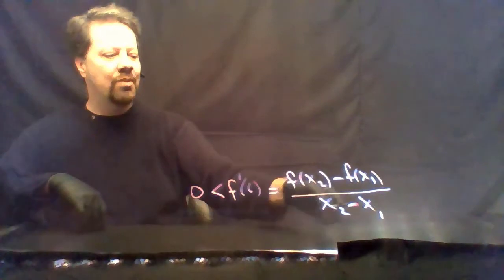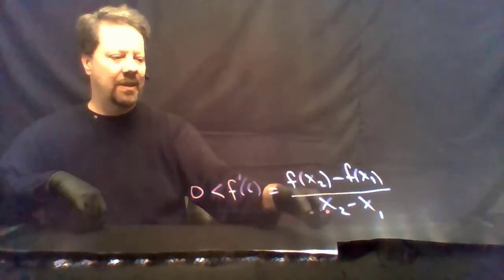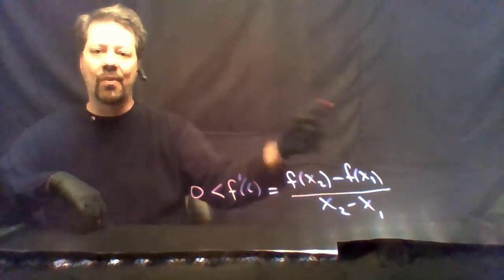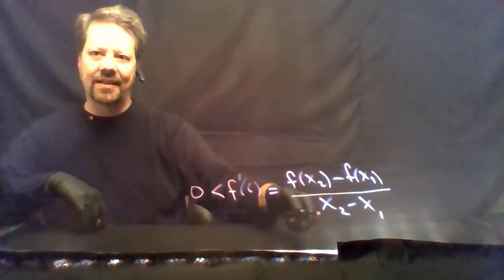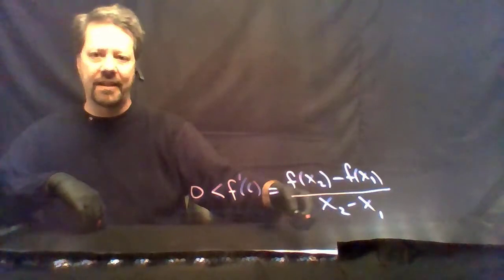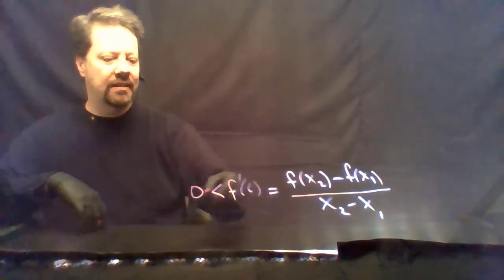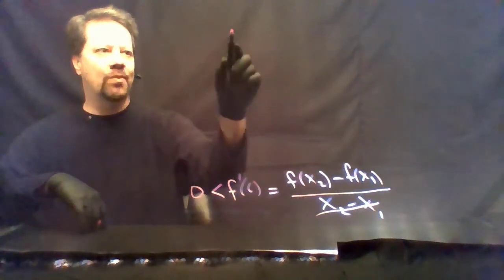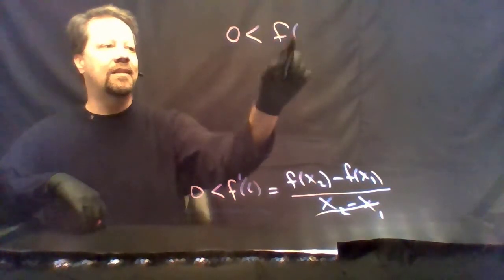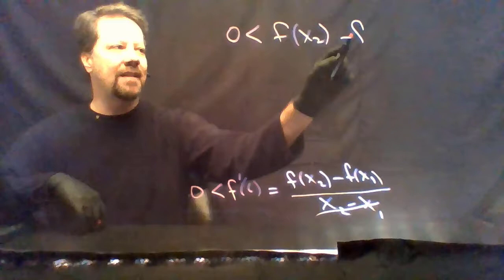Now, x2 minus x1 is positive because we assumed that x2 was to the right of x1. That means the denominator, x2 minus x1, is positive in the difference quotient. We can multiply both sides of the inequality by x2 minus x1 and have 0 is less than f of x2 minus f of x1.